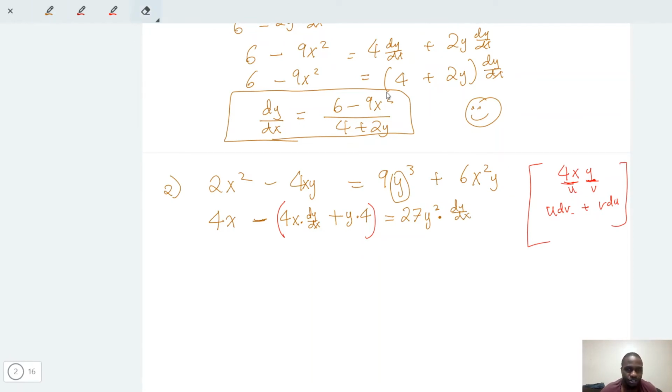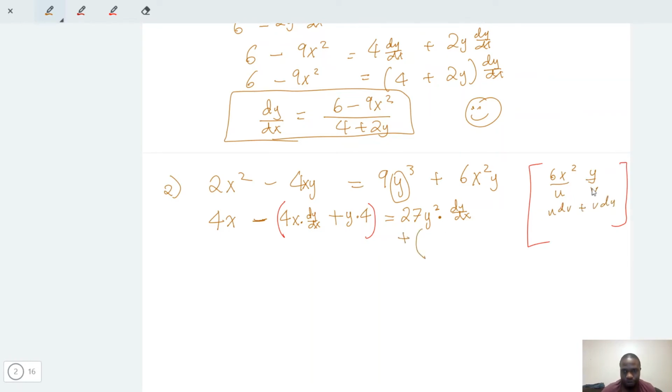Now plus 6x squared y. This is another product of 6x squared and y, so I use the product rule, u dv plus v du.